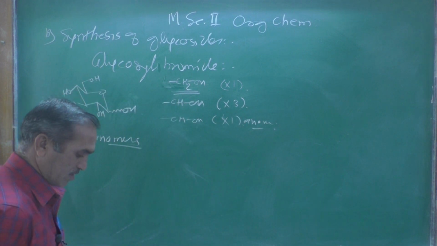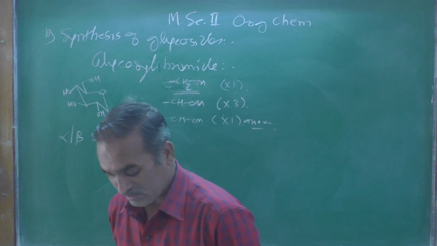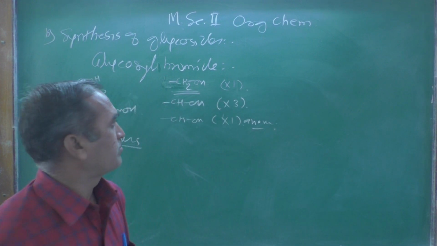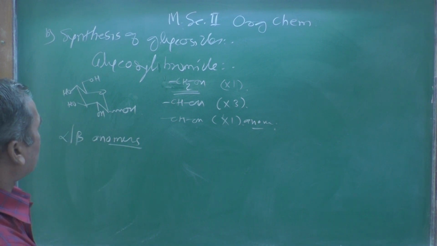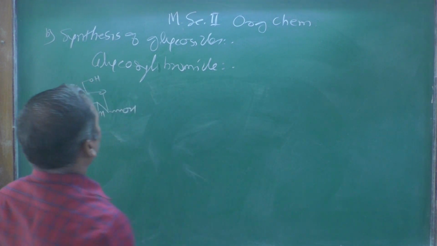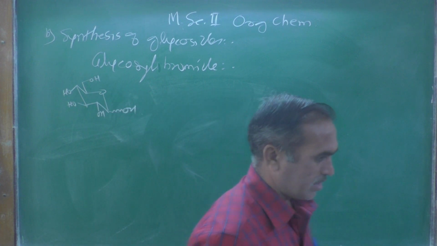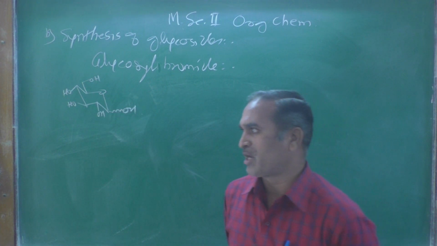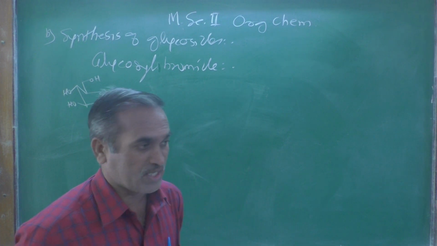So if you talk about the reactivity of this, suppose acetylation is carried out on this particular compound, what do you get? Generally acetylation will be carried out in base as well as in the presence of a Lewis acid.